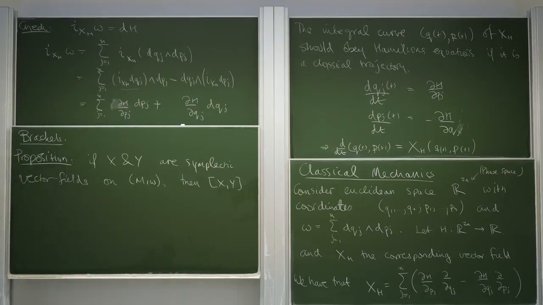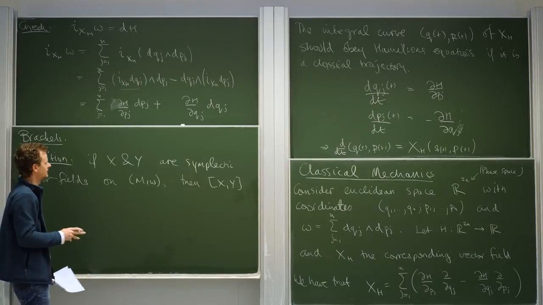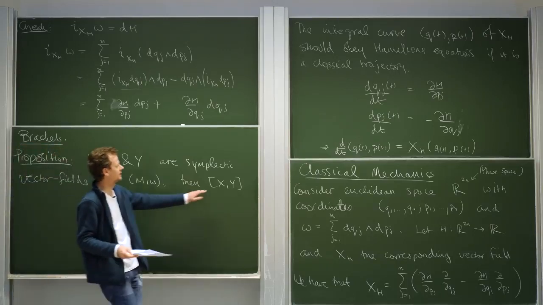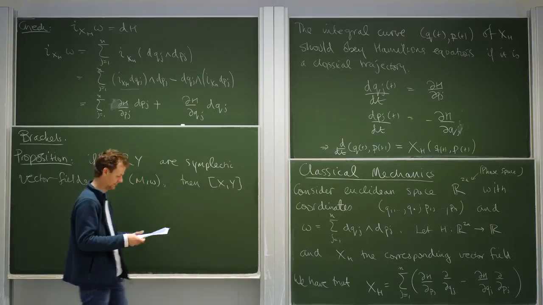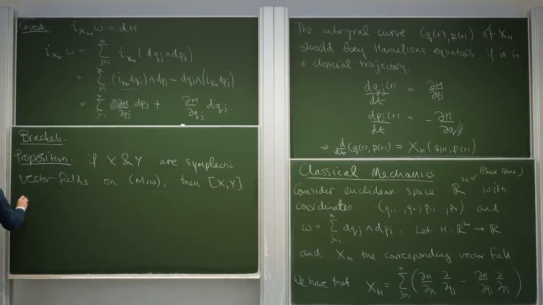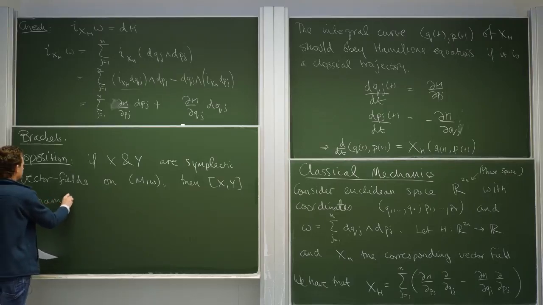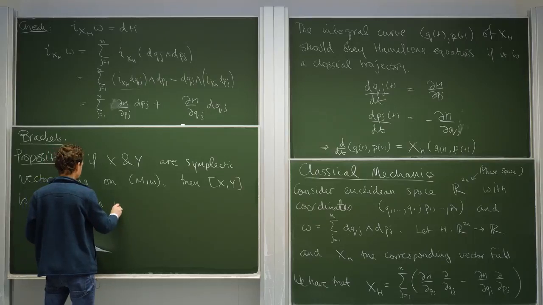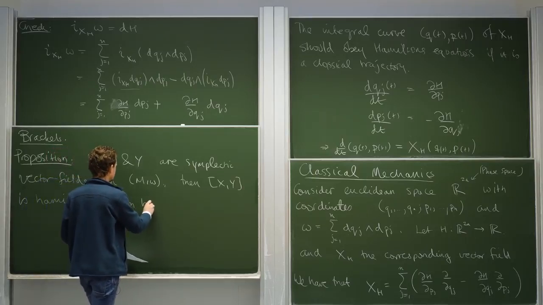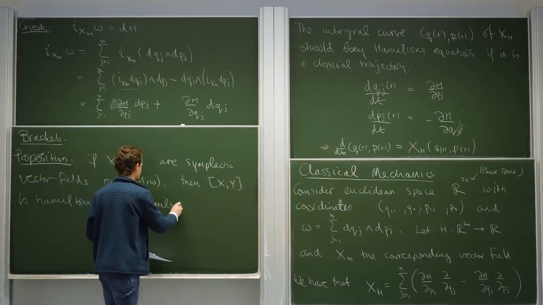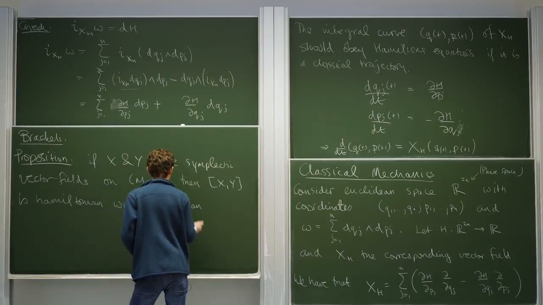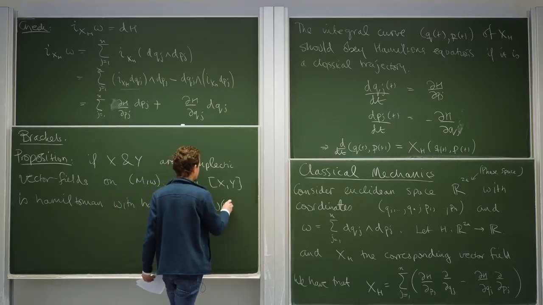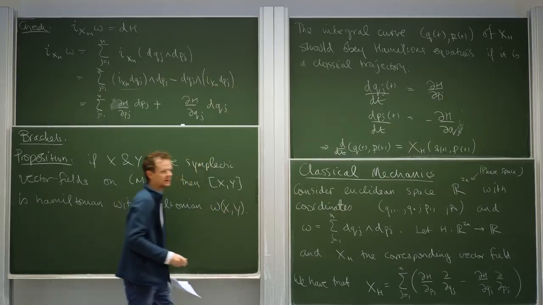And the remarkable consequence that you can observe is that if you have two arbitrary symplectic vector fields, not only is the bracket symplectic, it's actually Hamiltonian. And the Hamiltonian for this is just take your symplectic 2-form and put in it x and y.